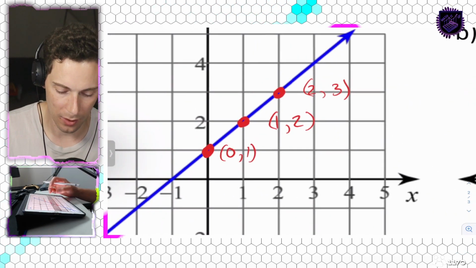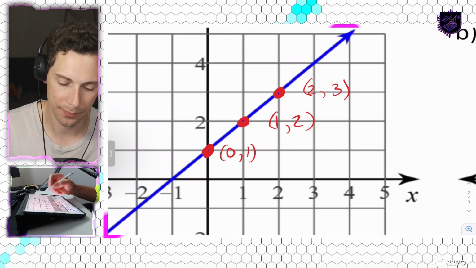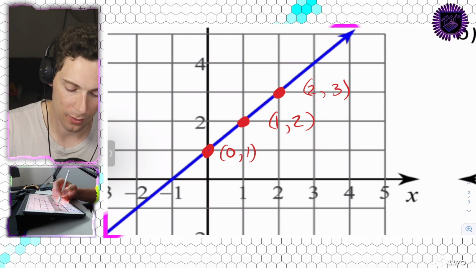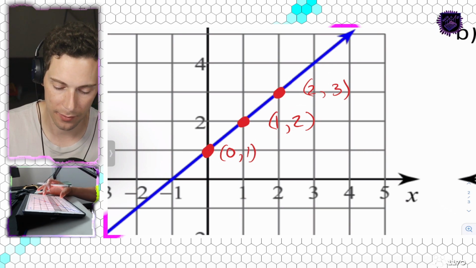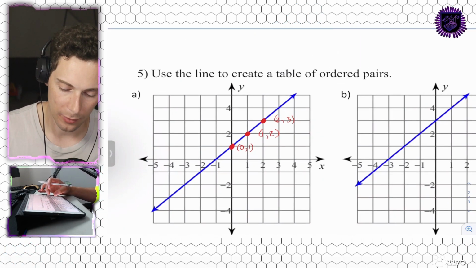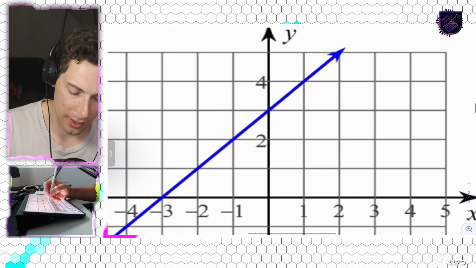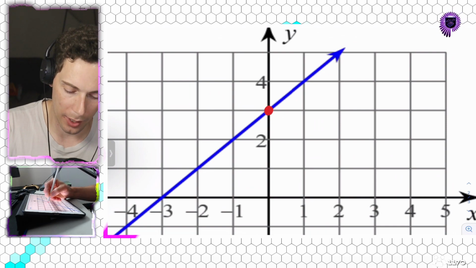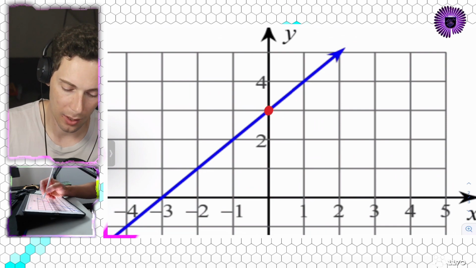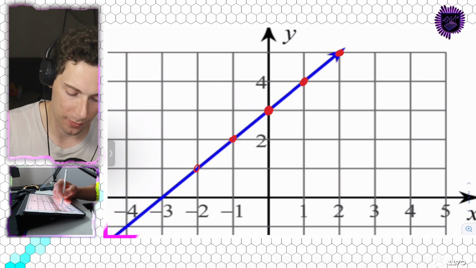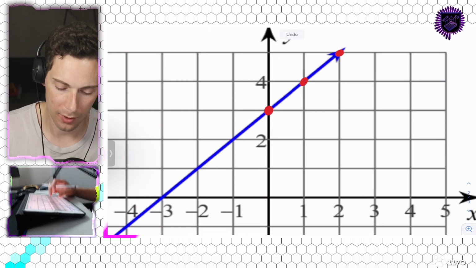So you can see all those land onto the graph there. I would recommend doing something like that, if possible. So on this one, you can kind of do that. You can do the y-intercept, and you can continue this up here. You can also continue it down if you wanted to move that way, but we're going to go here.